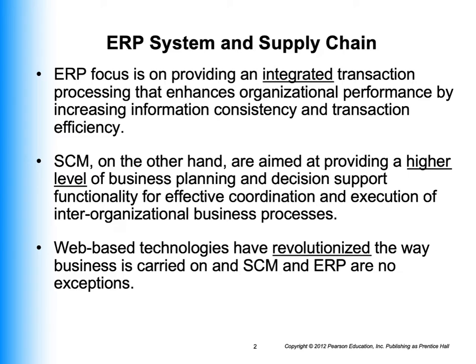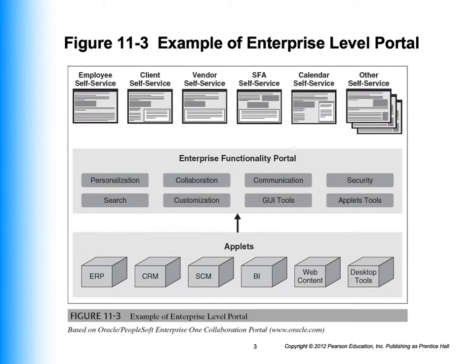Okay, so let's take a look at the diagram. Here we have an example of the enterprise level portal, where at the bottom we have the applets consisting of ERP, customer relationship, supply chain management, business intelligence, web content and desktop tool.